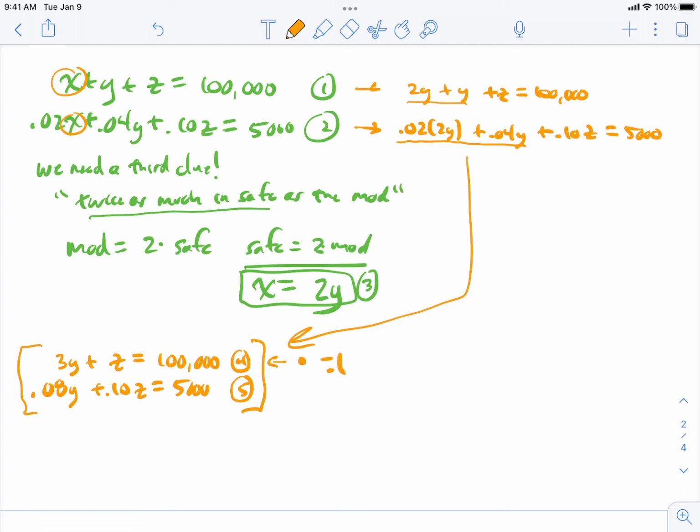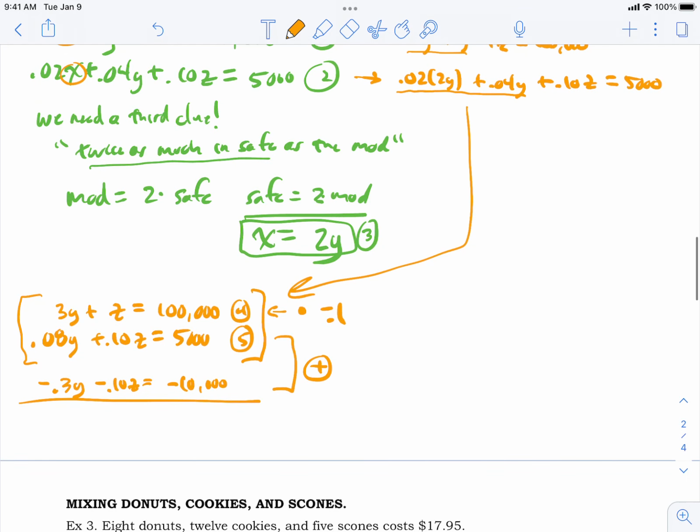So then I'd have a negative 0.3y minus 0.1z equals negative 10,000. And then if I add these 2 equations together, 0.08 minus 0.3. Now be careful with your decimal places here. That's going to be a negative 0.22y. The z's are going away, of course, and that's a negative 5,000.